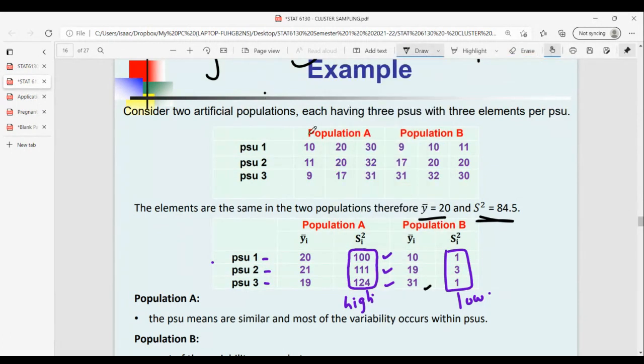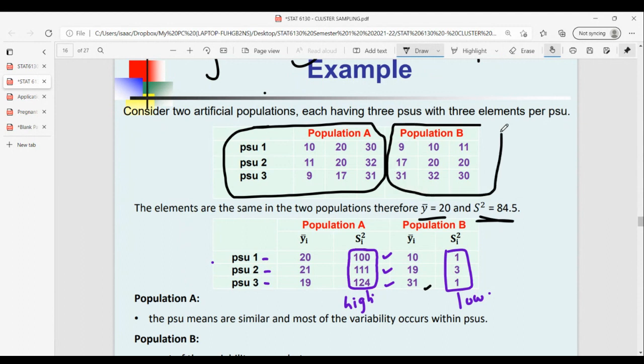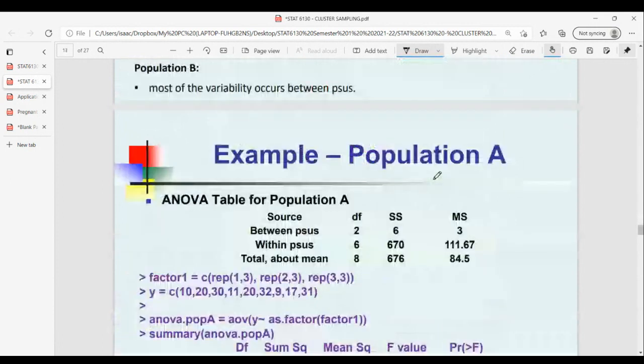I'm taking population A by itself, and then I'm going to take population B by itself, and do an ANOVA table. And I'm going to treat these as treatment 1, treatment 2, and treatment 3. So I'll explain what I mean.